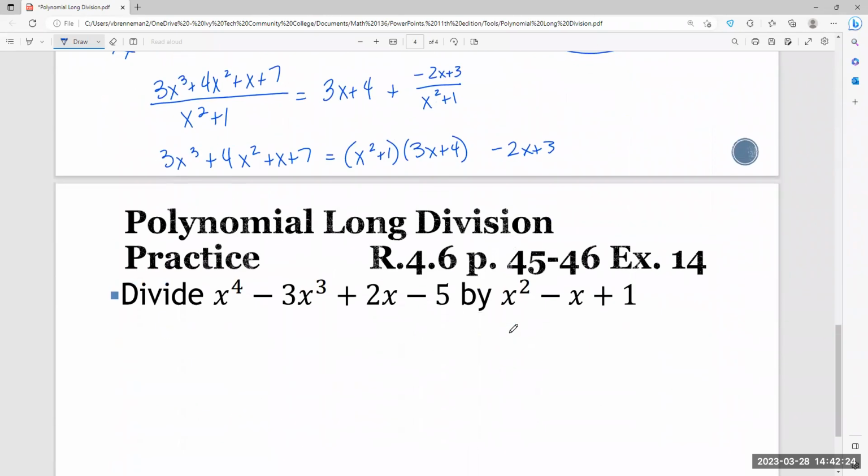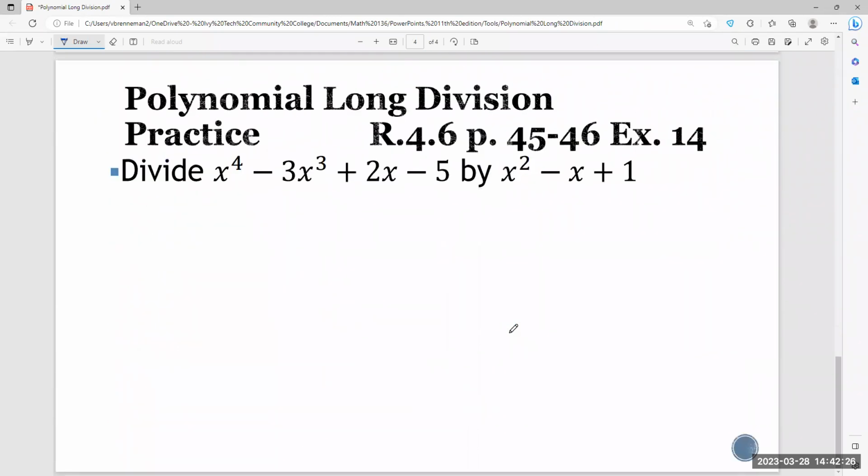Right. Then the next example, dividing x to the fourth minus 3x cubed plus 2x minus 5 by x squared minus x plus 1. So I write out the division format: x squared minus x plus 1 divided into x to the fourth minus 3x cubed plus 2x minus 5.